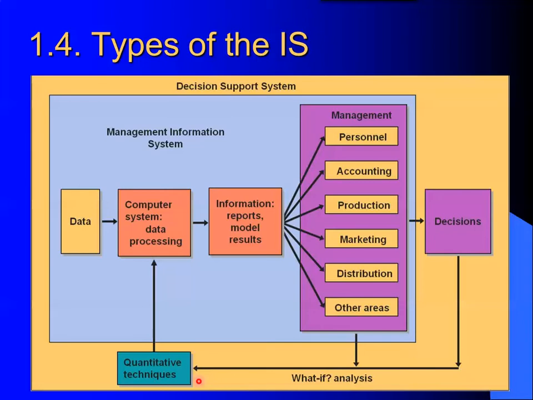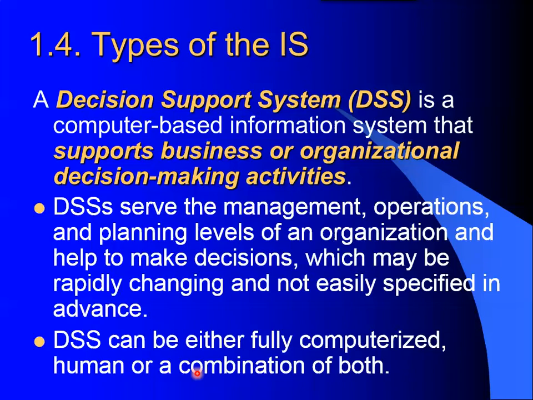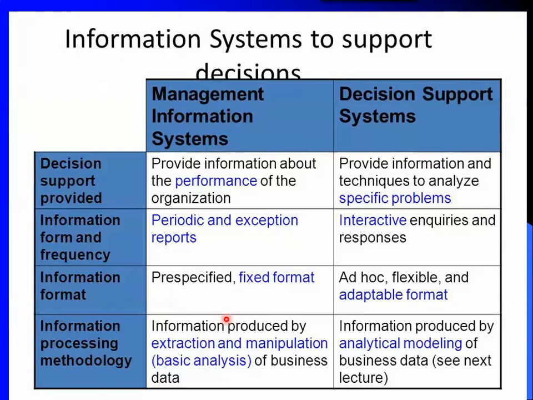There I am talking more about an expert system, not a pure decision support system, but in fact it's something like this. The definition: a decision support system, or DSS, is a computer-based information system that supports business and organizational decision-making activities. In this case, we speak strictly about a computer-based information system. It serves the management, operational, and planning levels of the organization and helps to make decisions which may improve the quality of the organization.